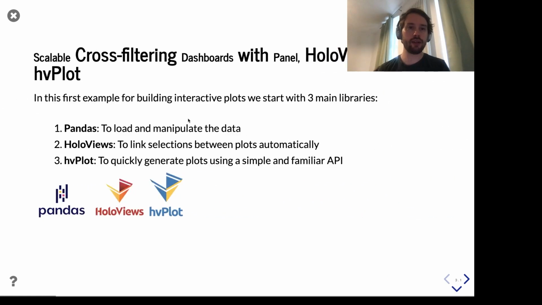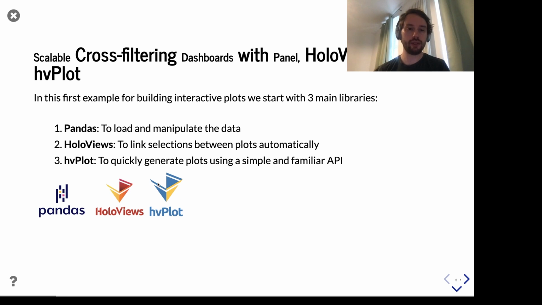So I'll be picking apart the title bit by bit. What we're going to be starting with today is cross-filtering with HoloViews and hvPlot. In this first example, we're going to be building interactive plots and start with three main libraries. We're going to be using Pandas to load and manipulate the data, HoloViews to link our selections between the plots we generate automatically, and hvPlot to quickly generate plots using an API that you're familiar with.